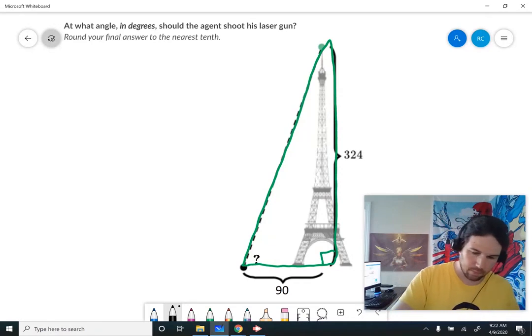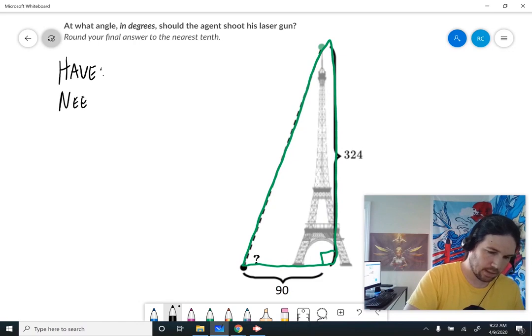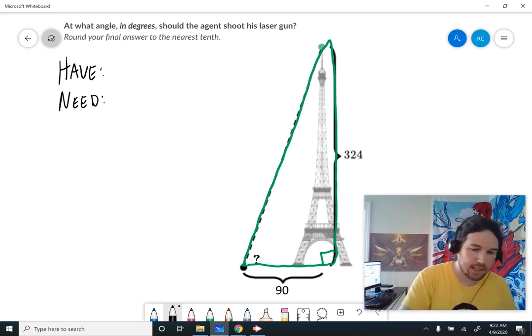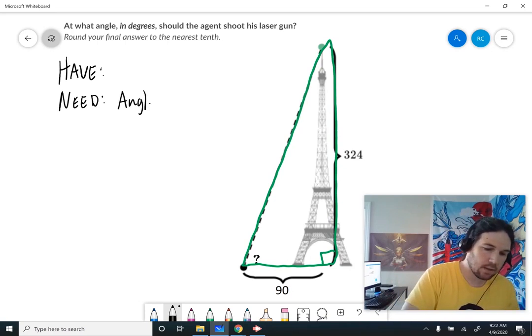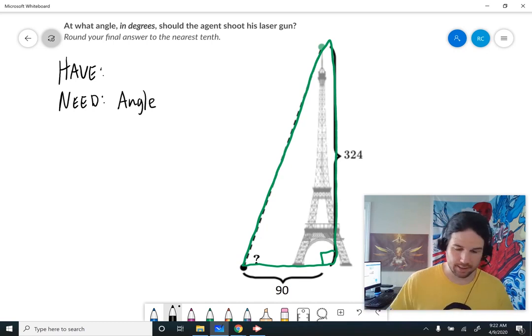Let's see. What do we have? What do we need? Well, this one's a little bit weird because what we need is the angle. And what we have is actually two things. Let's see, which are these?